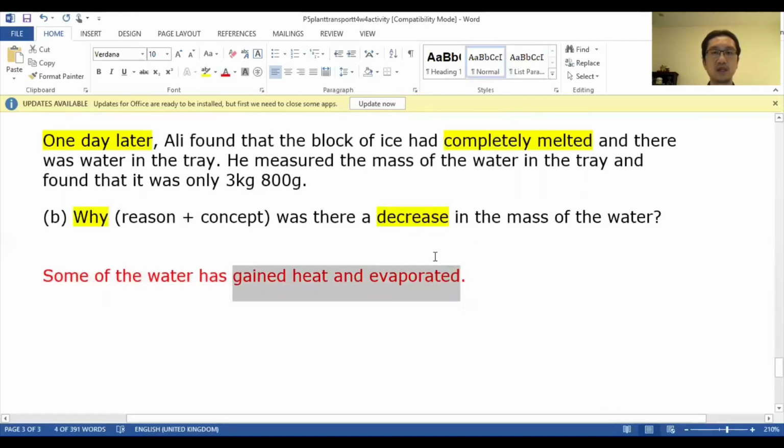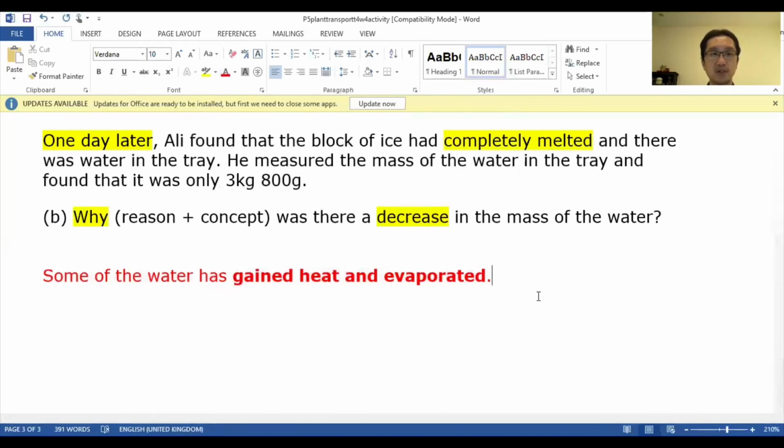Here we are looking at the concept of the water gaining heat and going through the process of evaporation. This is the reason and the concept. The water gained heat and evaporated, and that caused the decrease in the mass of the water.